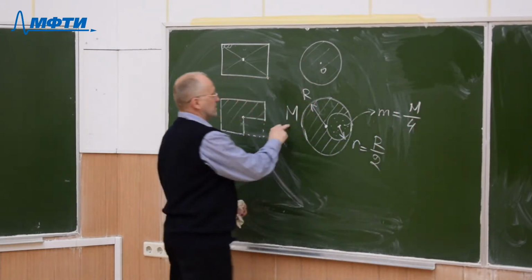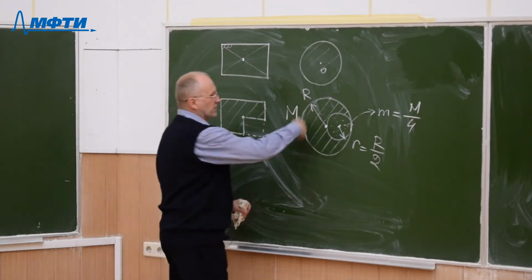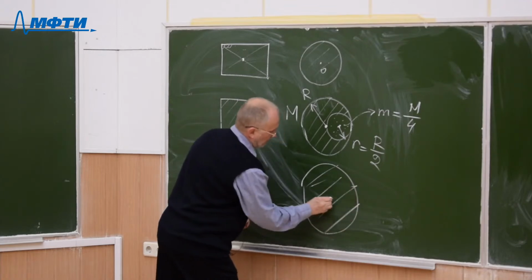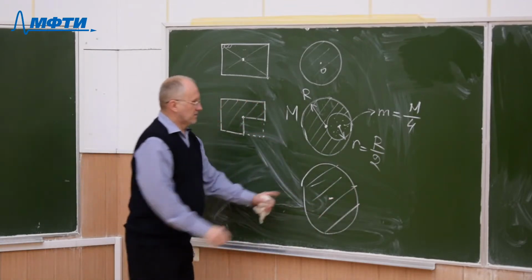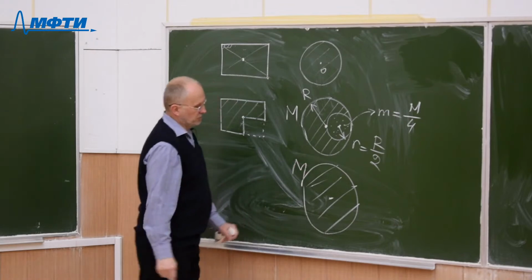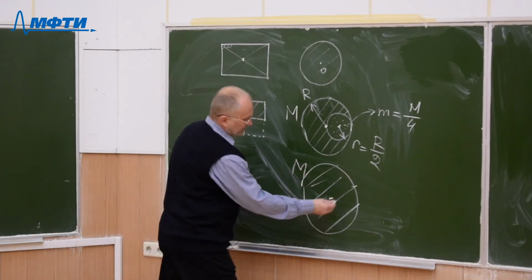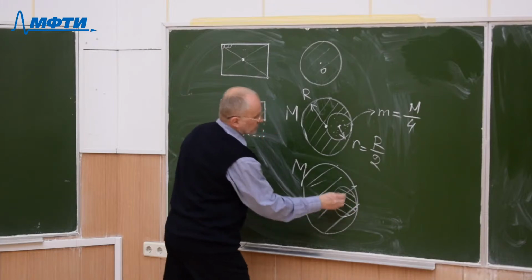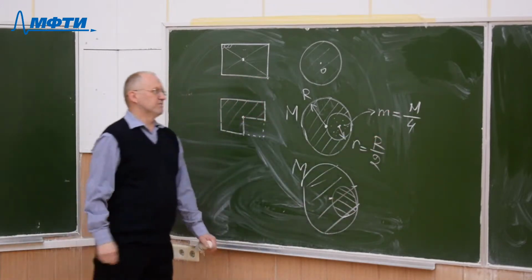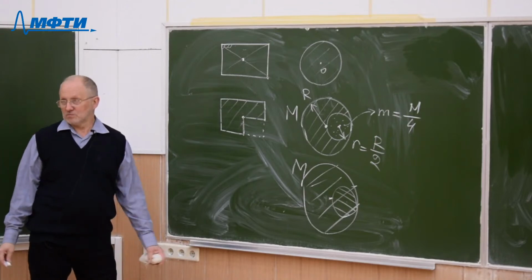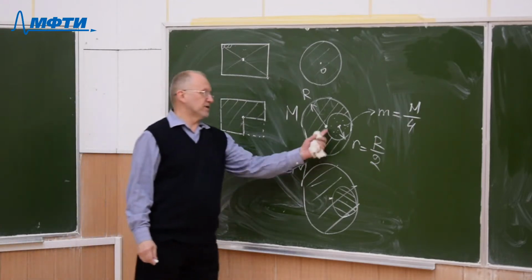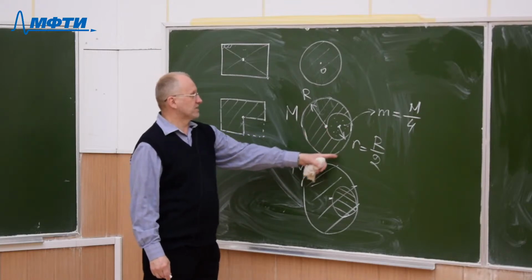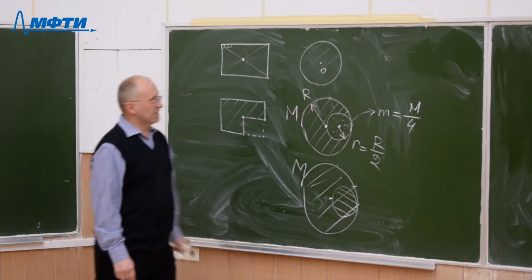If the mass m was of the original circular plate, and then we cut out this portion, this portion will have the mass m over 4, right? Because the area of this portion is 4 times less than the area of the large plate.